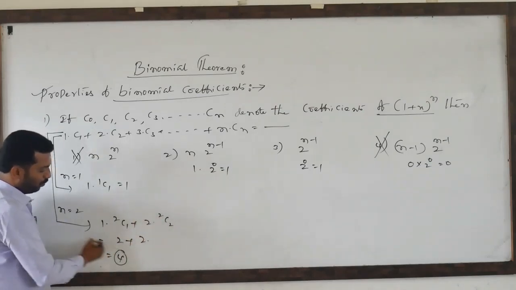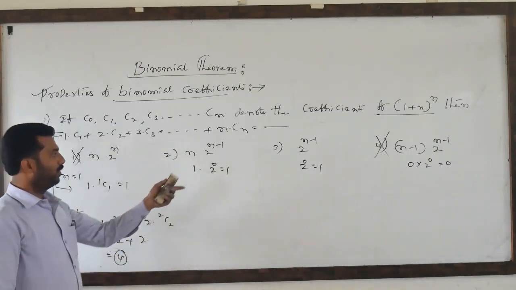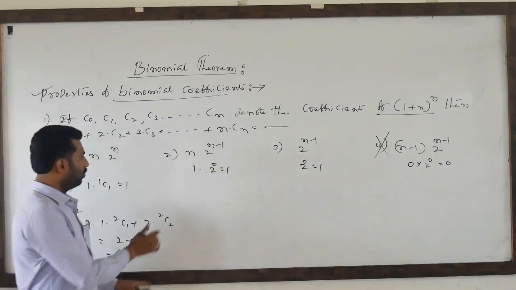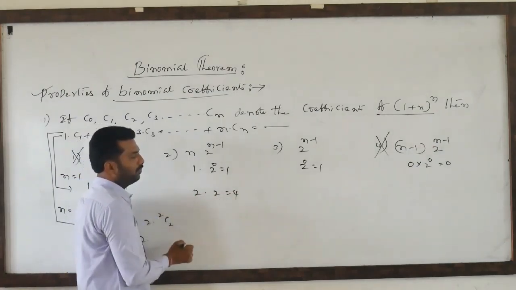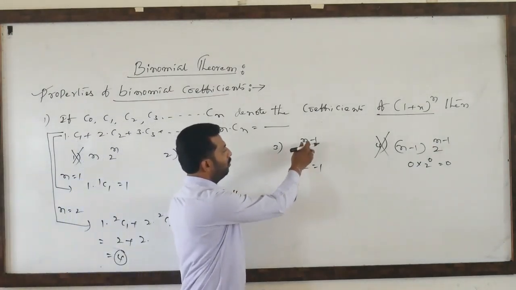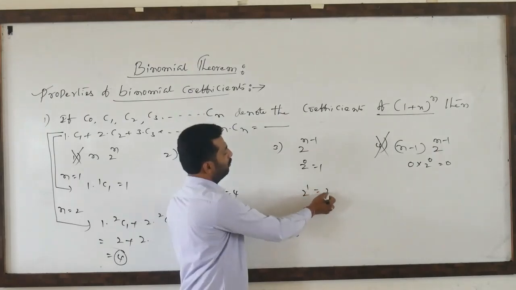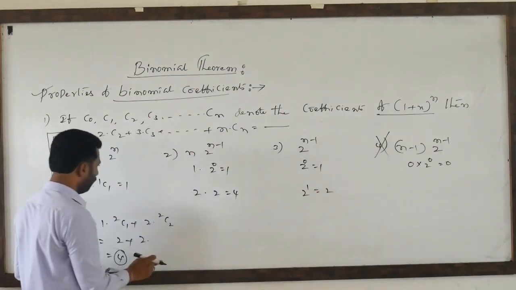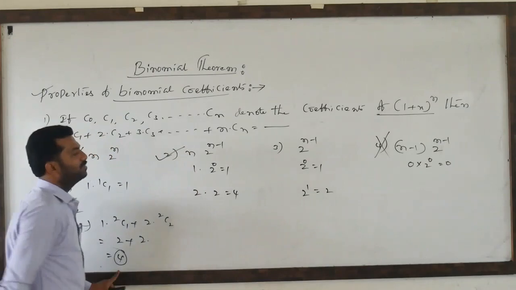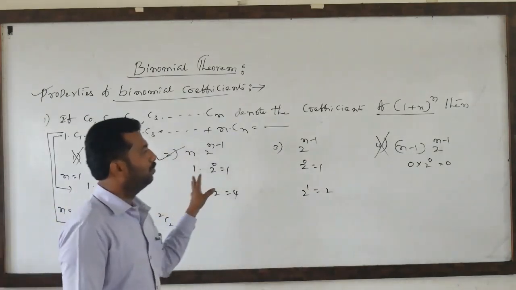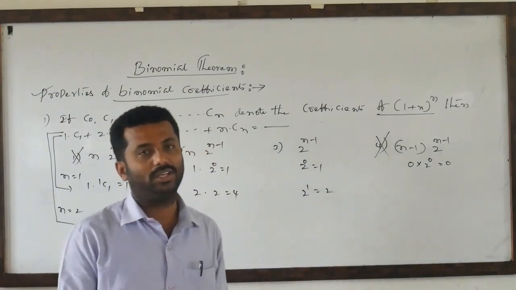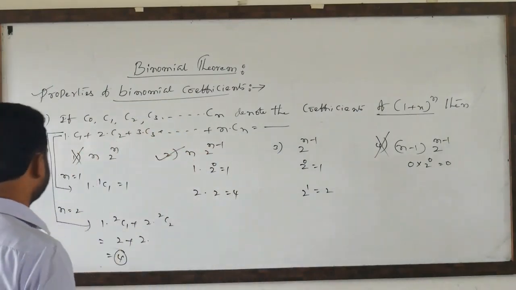So finally 4. In these two options, where will we get 4? If I substitute n equal to 2 into the first, 2 into 2 is 4. In the other, n equal to 2 means 2 to the power 1, which is 2. So here 4, here 4. Which one is the correct option is found like that. All these types of problems you have to do by options verification only. Easily you will get answers.